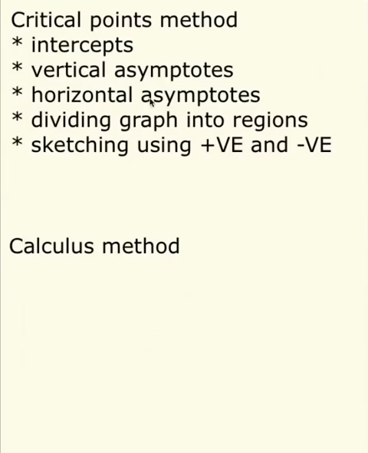The horizontal asymptote we find by taking the limit of the equation. Then, and I'll demonstrate again later how to do this, we look at the regions of the graph to figure out where the graph is positive and negative and what's happening with it, and then sketch it by using that information.